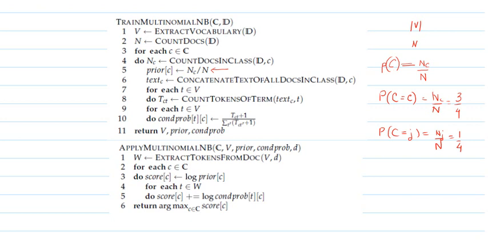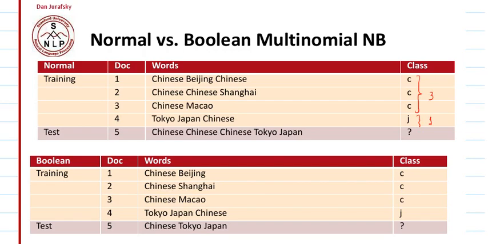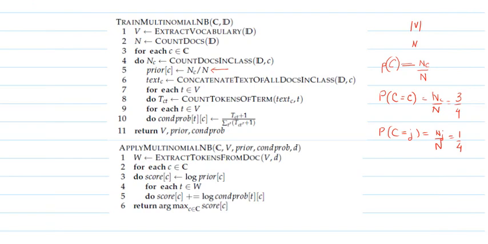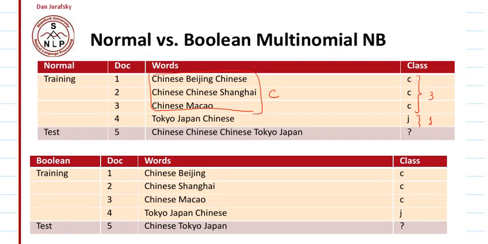The next is the text of class C, where again we are collecting all the documents that are present in a particular class C. So we will be looking collectively at this part only, because this part belongs to the class C. When we are binarizing multinomial, the updated corpus looks like this.